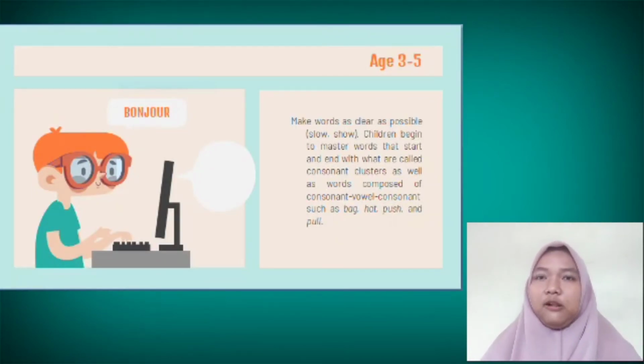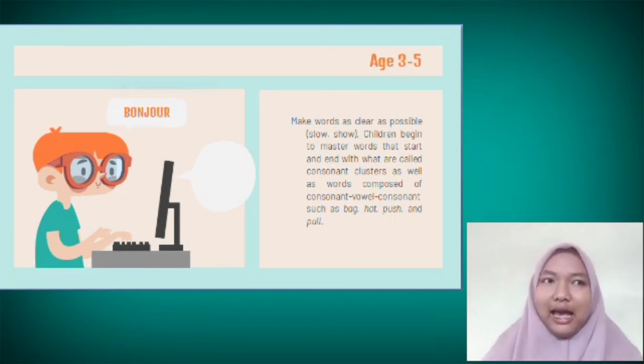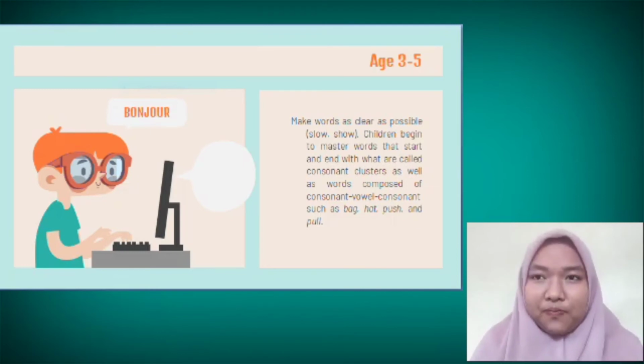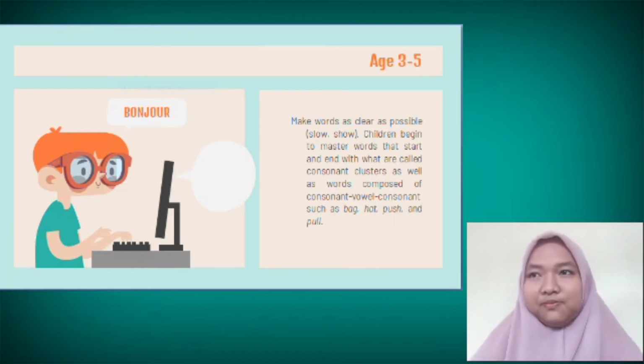And for the age of 3 until 5 years old, they make words as clear as possible. For example, the words slow and show sound like sing, so they try to pronounce them clearly, for example, slow and show.